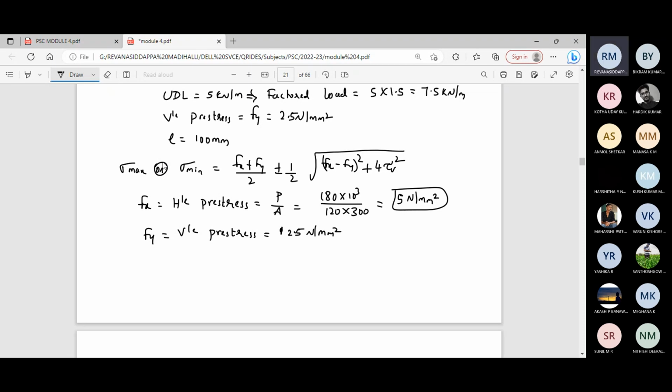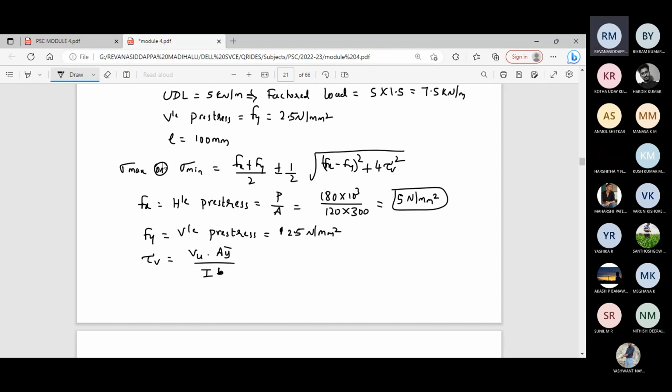Then what else is required? Fx we got, Fy we got, tau v is required, the shear stress. For tau v, we have the formula: Vu into A y bar divided by I b.